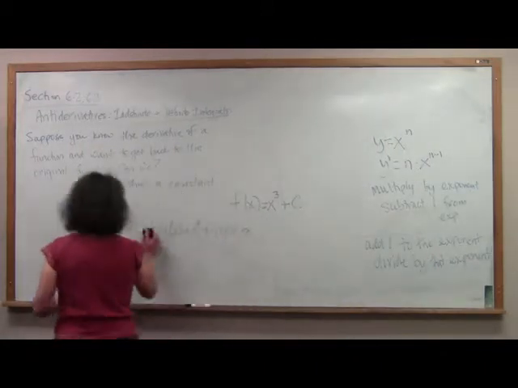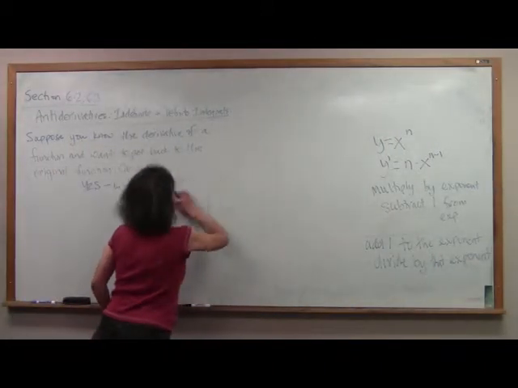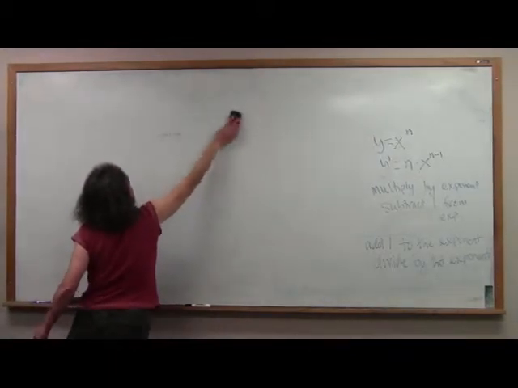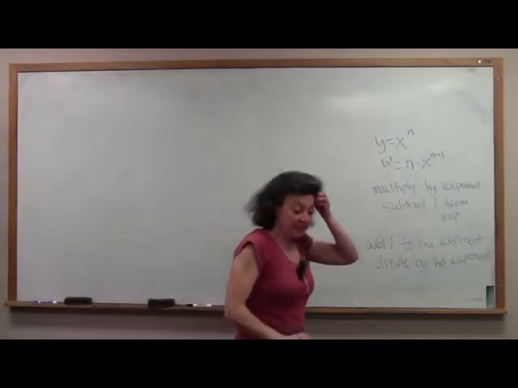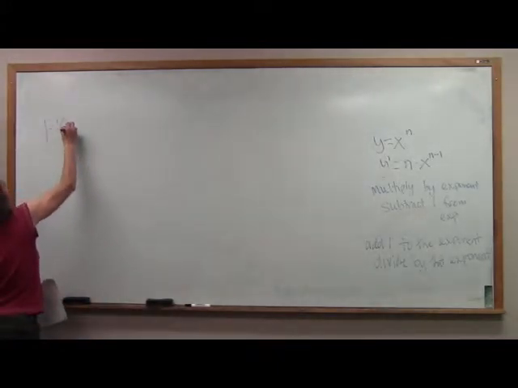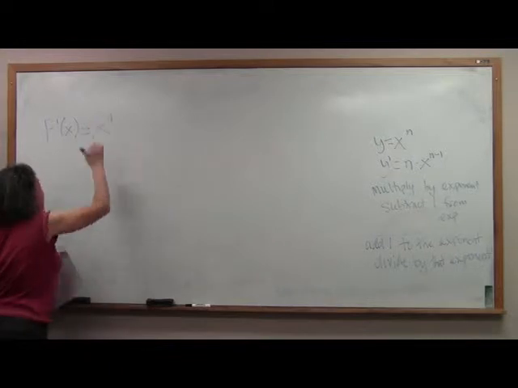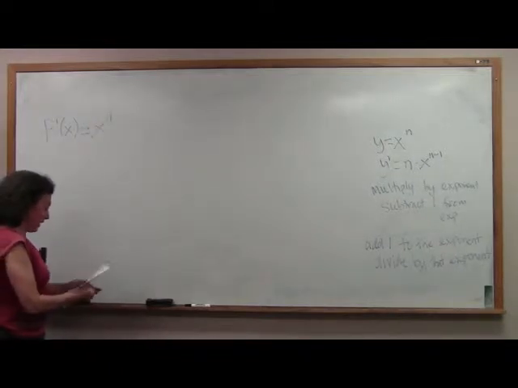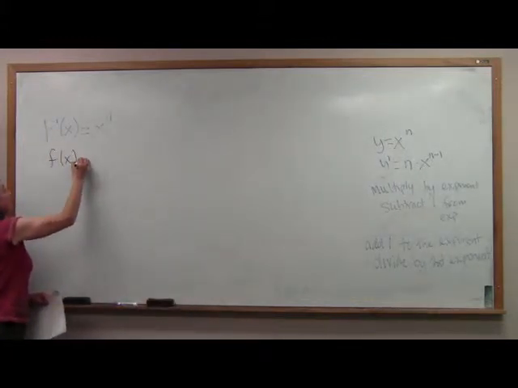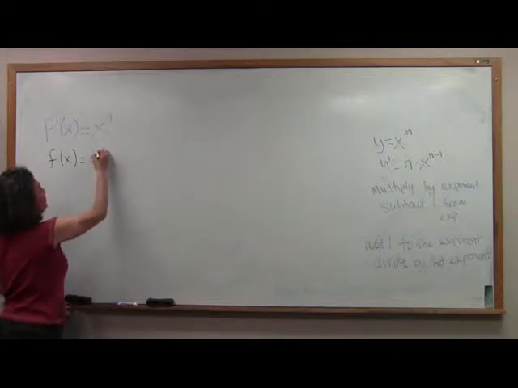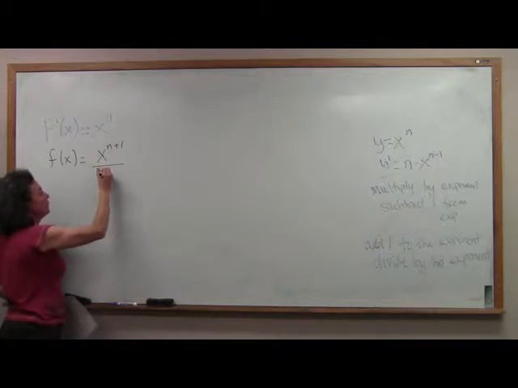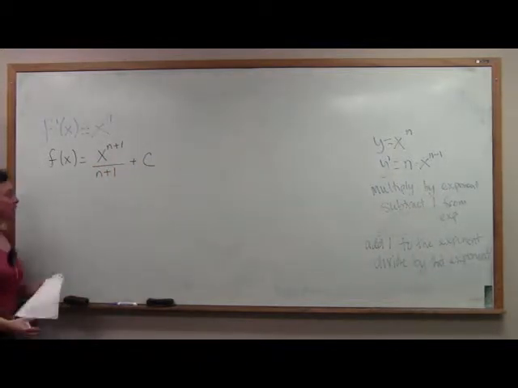Okay, at least using our power rule, why don't we write out what this would look like in general? So, in other words, if I start out with my derivative equaling x raised to some power n, then the original function, f of x, well, add 1 to the exponent, that gives me n plus 1, and then instead of multiplying by that exponent, you would divide by that exponent.